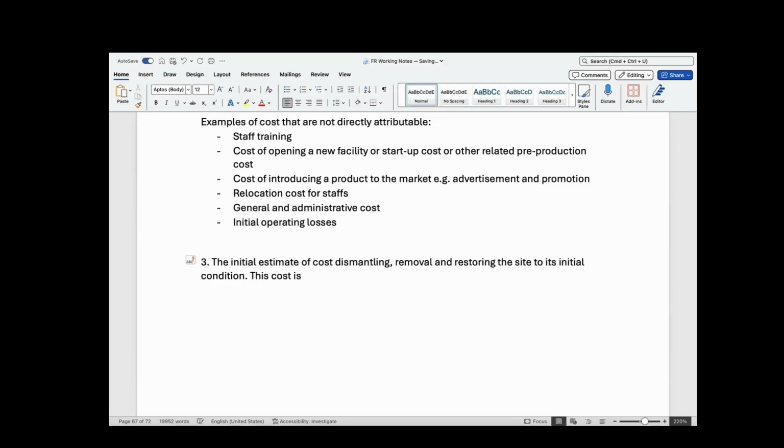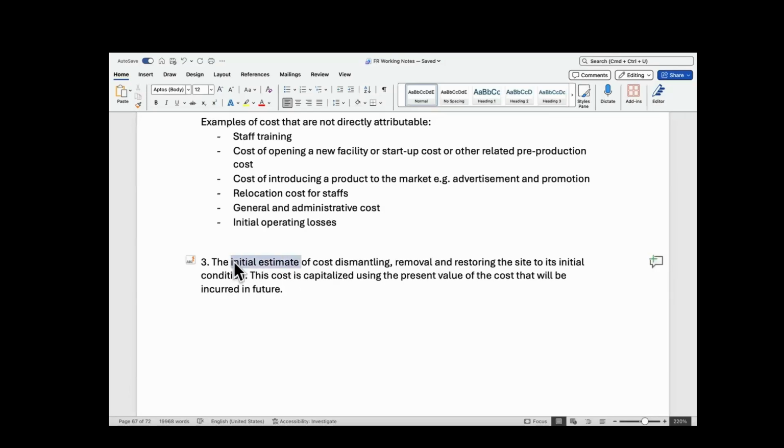So this cost is capitalized using the present value of the costs that will be incurred in the future. You know that this is not a cost you incur now. It's a cost you will incur in the future. That's why it's an initial estimate.